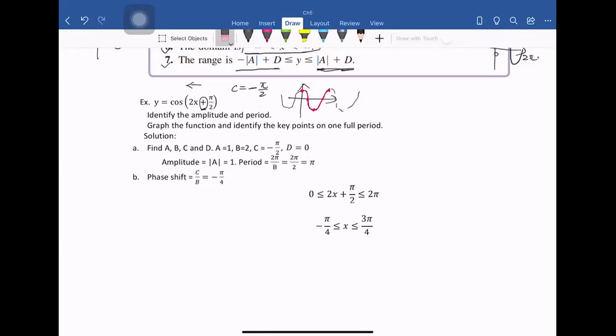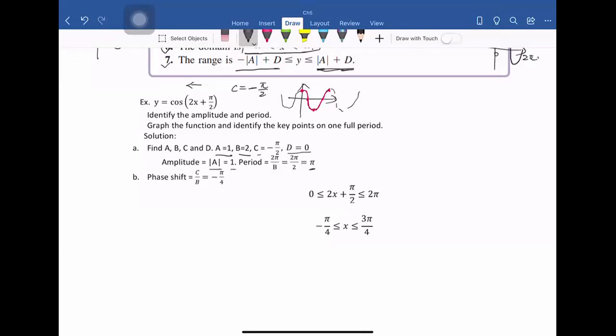Okay, we have A and B and C. A is 1, B is 2, C is negative pi over 2, and D is 0 because we don't have anything after this cosine function. So the amplitude is the absolute value of A, which equals 1. The period equals 2 pi over B, that's pi.